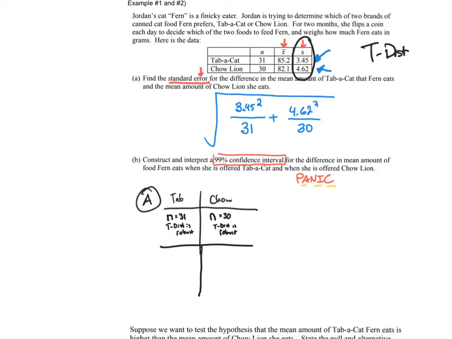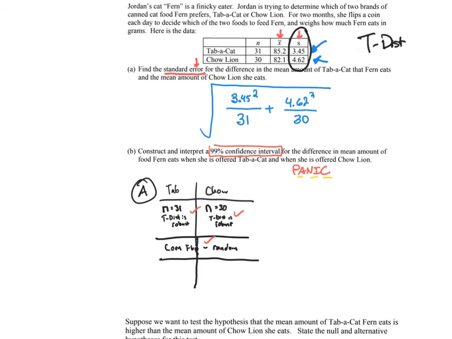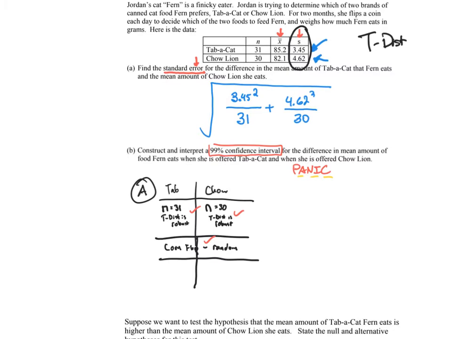Let's see. She flips a coin, so it's random. Perfect, right? We know that we tried to keep it unbiased by keeping it random. And then the 10% rule or independence.